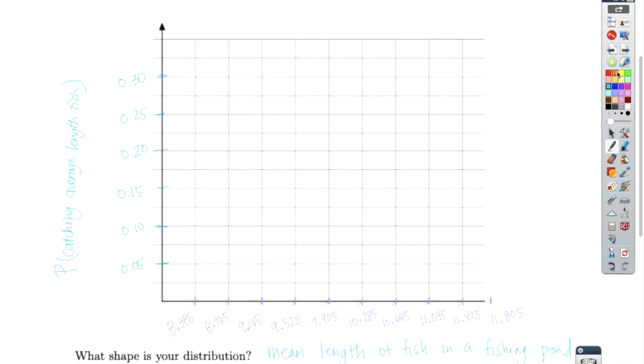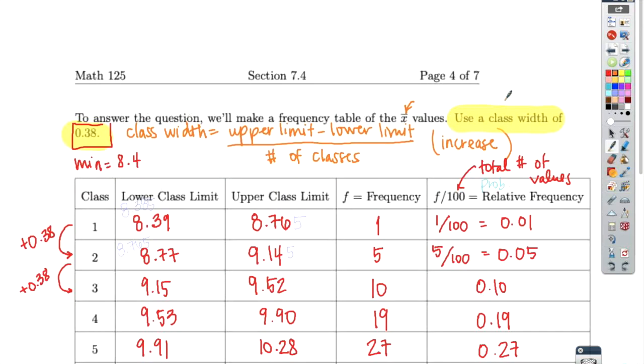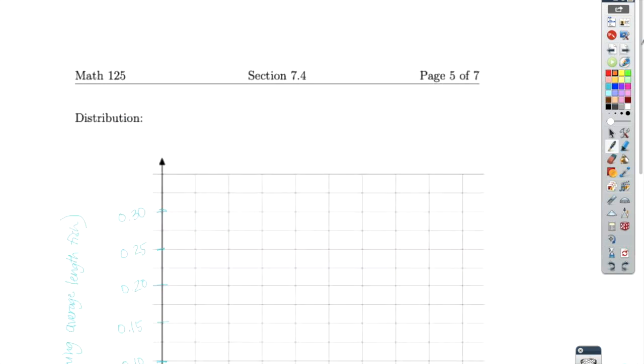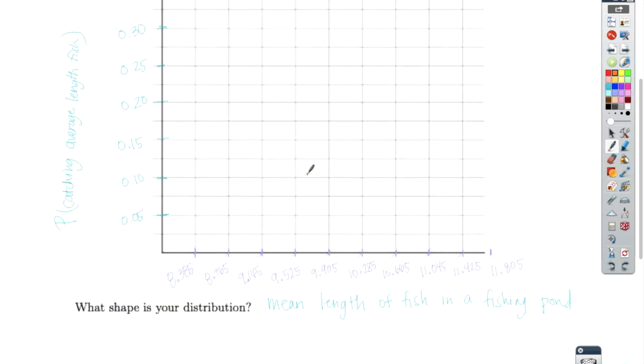So now we're going to fill out these bars. So looks like in that first class, we've got a 1% probability or a 0.01 relative frequency. Okay, so 1% on here. Oh, you know what? I forgot to do something really important. Let me put that little break in the graph right here because this scale is not consistent. Like if this is 0 and then we jump to 8, that's not a consistent scale.